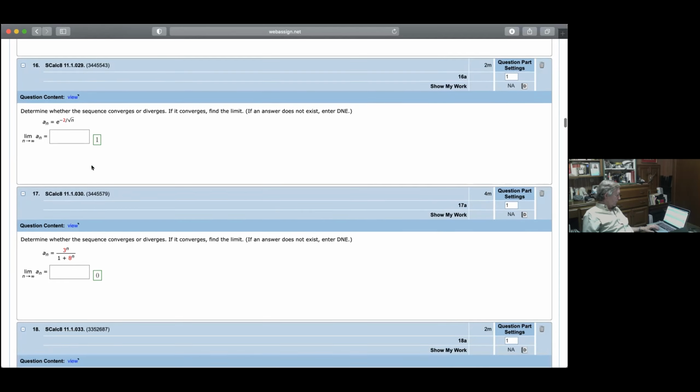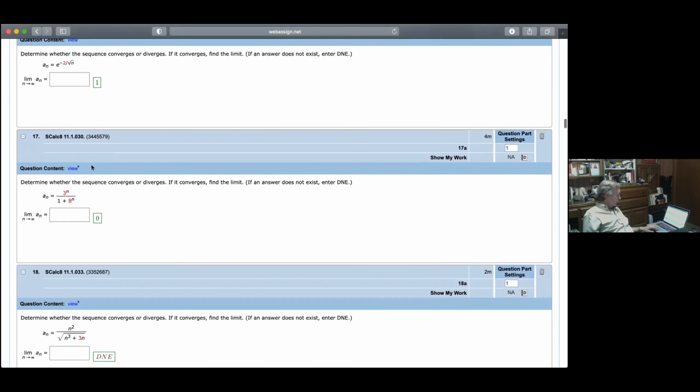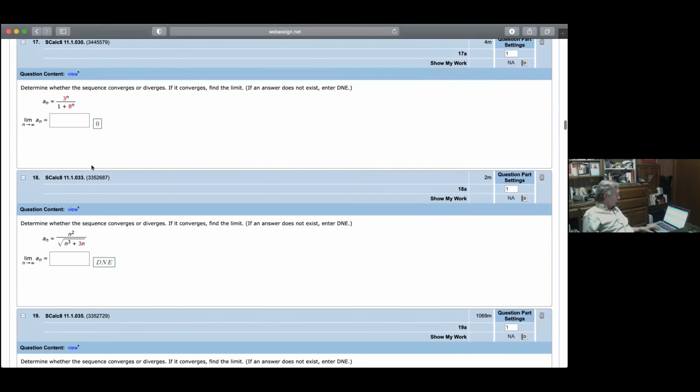Okay. Now, this one, the idea with all these so far has been to divide by something in the numerator and denominator to see if you can figure out what goes on. If I divide by 3 to the n in numerator and denominator, I would get 1 in the numerator and 1 over 3 to the n in the denominator.